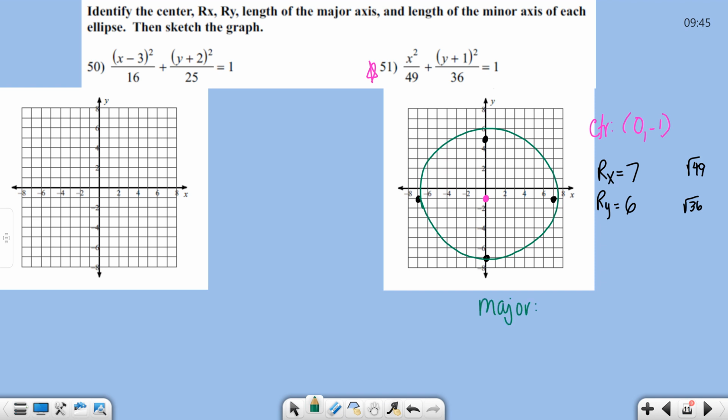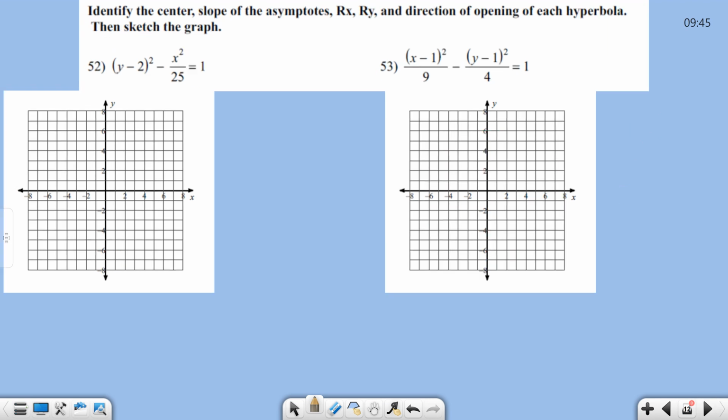So your major axis is going to be the biggest one. So how far did I travel across horizontally in this case is 14. And how far did I travel up and down? And that will give me the length of the minor axis, which is 12. So it's always 2 times that horizontal and vertical distance, whichever one's the bigger one.